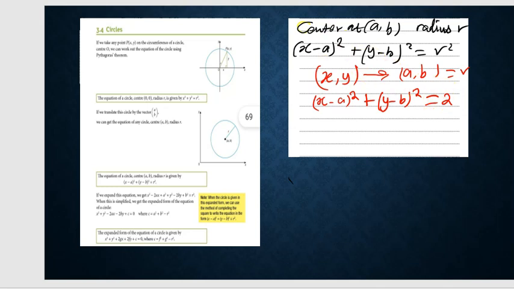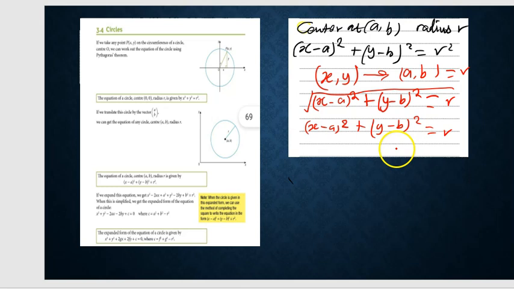So if we remove the square root, we will simply have (x minus a) squared plus (y minus b) squared equal to r squared.